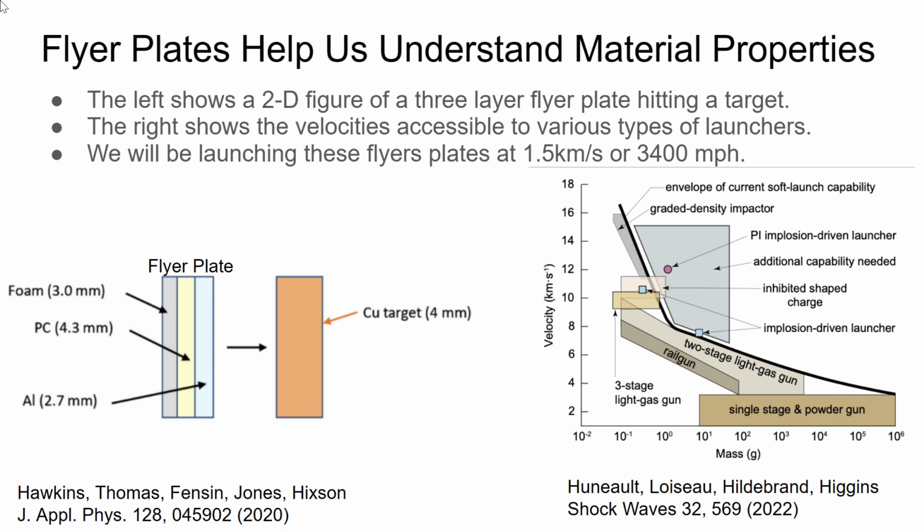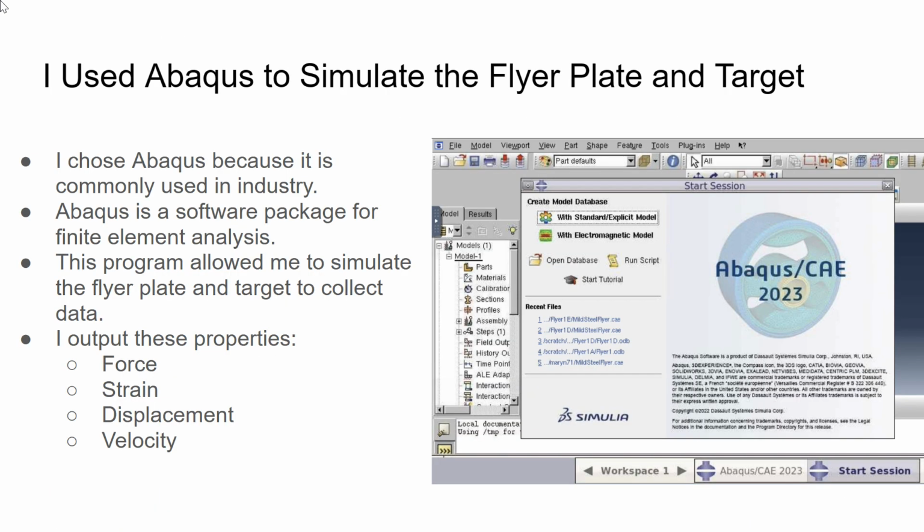So we will be launching our flyer plates at 1.5 kilometers per second, which is 3,400 miles per hour. So I used Abaqus to simulate the flyer plate and target. And the reason why I chose Abaqus is because it's commonly used in the industry.